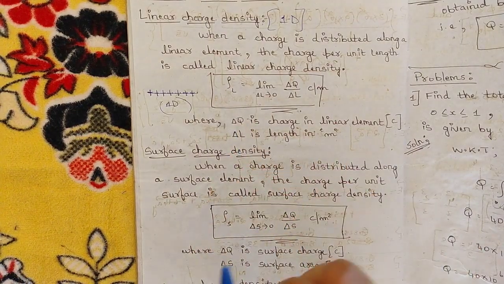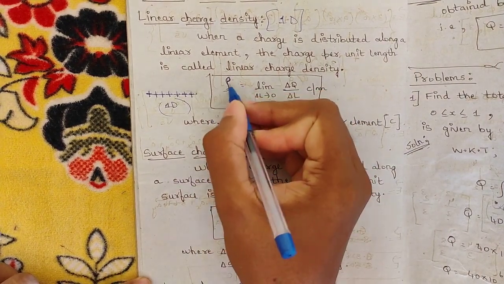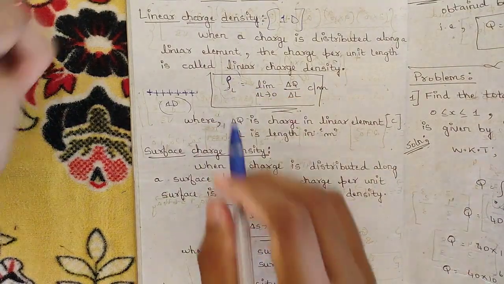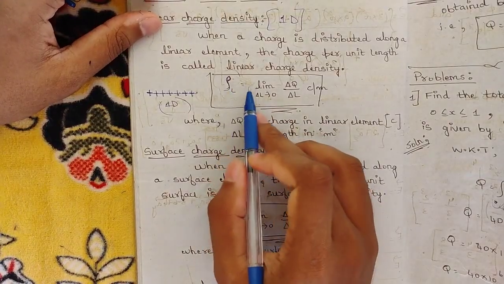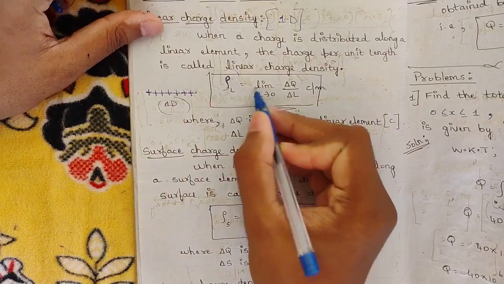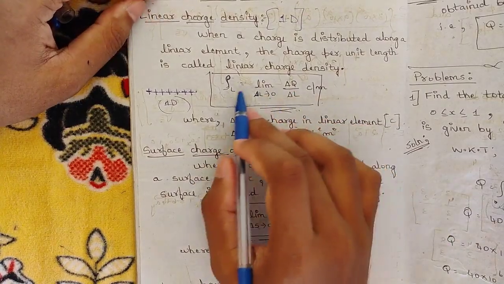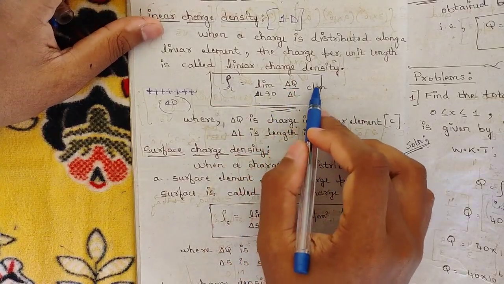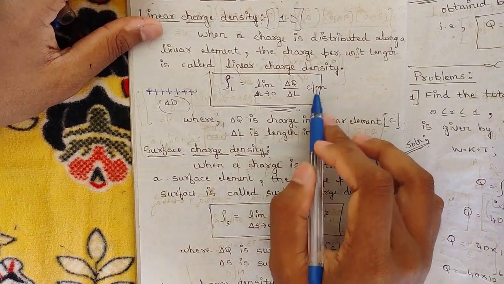For that we have one particular formula, rho L, which is mentioned as linear charge density. It is given by rho L equals the limit as delta L tends to 0, where delta L is the change in length, of delta Q by delta L, in coulombs per meter.